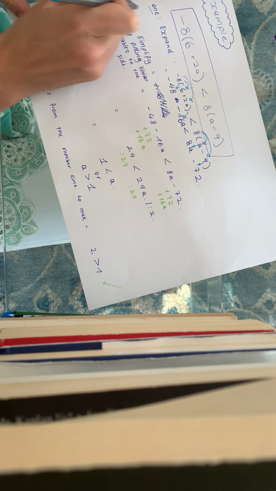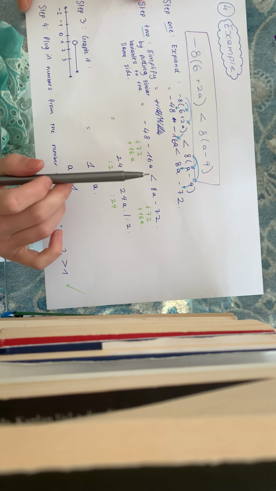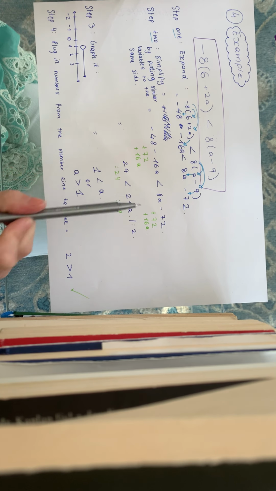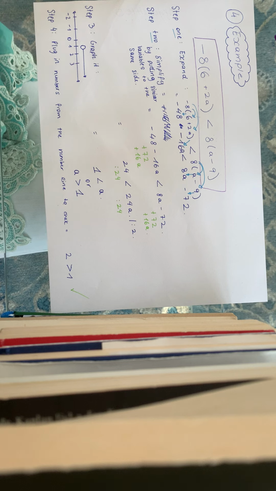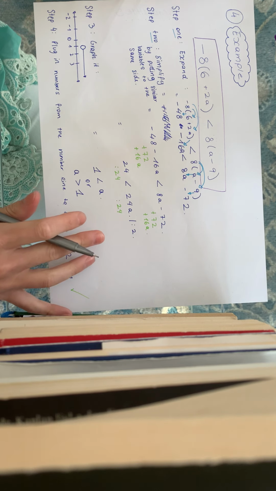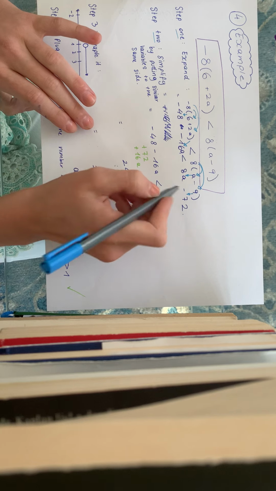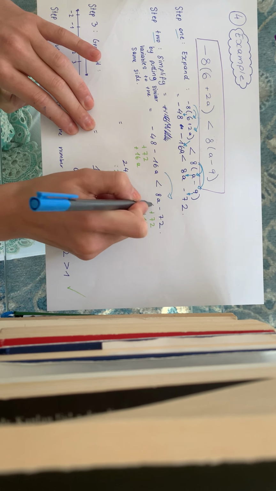Step 2 is simplify by putting similar variables on the same side, meaning the a is on one side and the numbers on the other side. So I decided that I wanted to make things positive and not negative by putting the a's on this side and the numbers on this side.